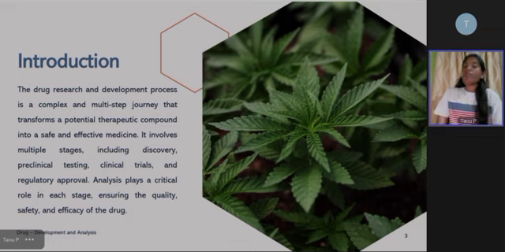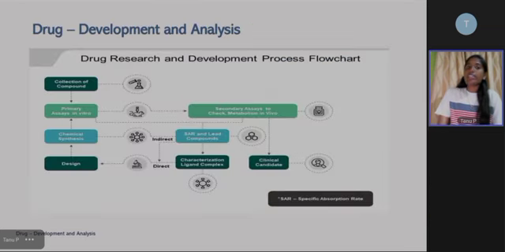Here, analysis plays a critical role in each step, such as maintaining the quality of the drug and the safety. We should know that it is safe to consume, and also the efficiency of the drug should also be known. Here is the flow chart of the drug research and development process. Let us know one by one in this seminar.